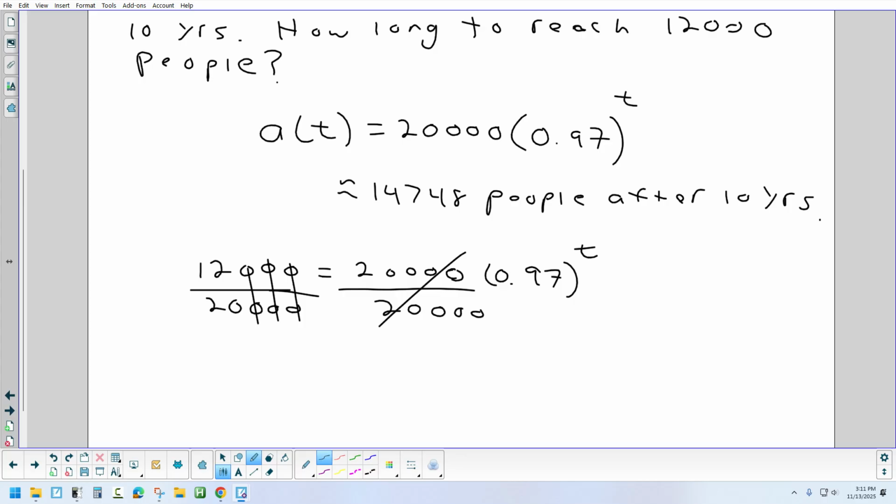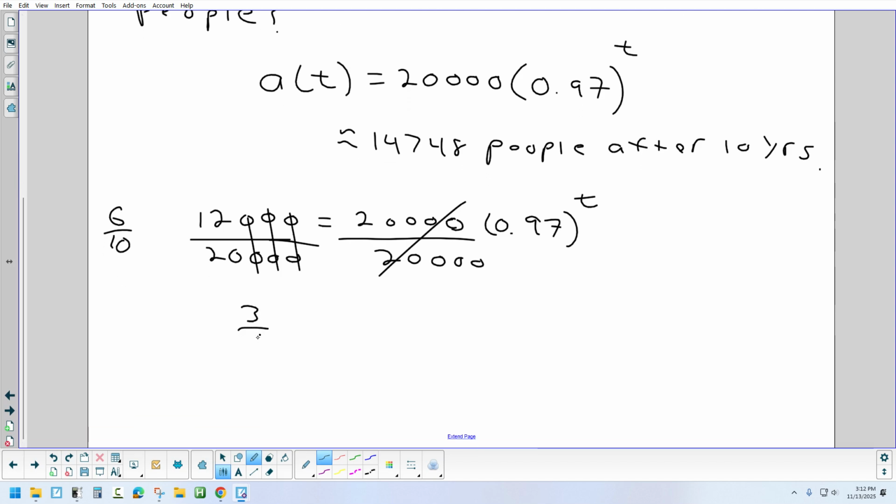And 12/20ths is going to reduce to, you tell me, what's 12/20ths? 0.6 because that's 6/10, or let's just leave it as 3/5. Yeah, we'll leave it as a fraction. So 3/5 equals 0.97 to the t.